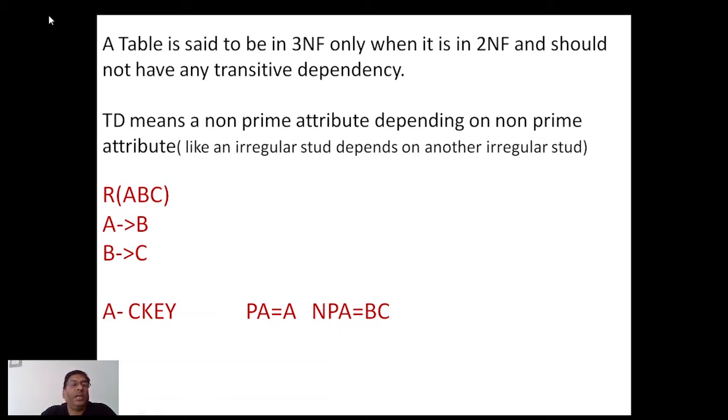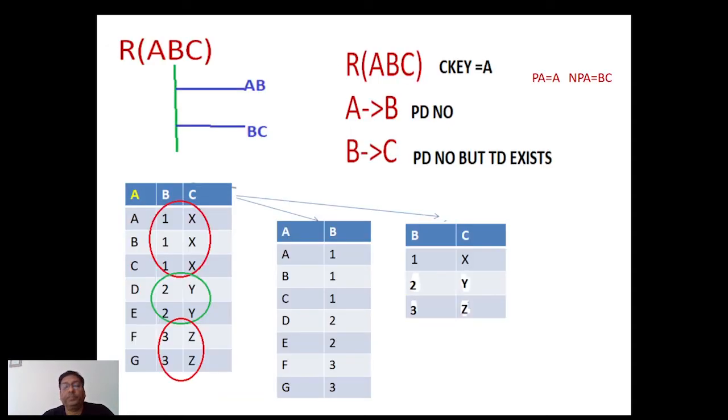Let's try to understand this with an example. Suppose there is a relation R containing attributes A, B, C, and the functional dependencies exist from A to B, and B to C. In this case, if you try to find the candidate key, you will get A as the candidate key, which means A is your prime attribute, and B and C are non-prime attributes.